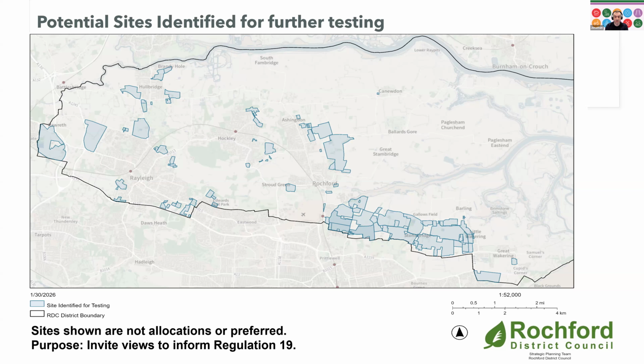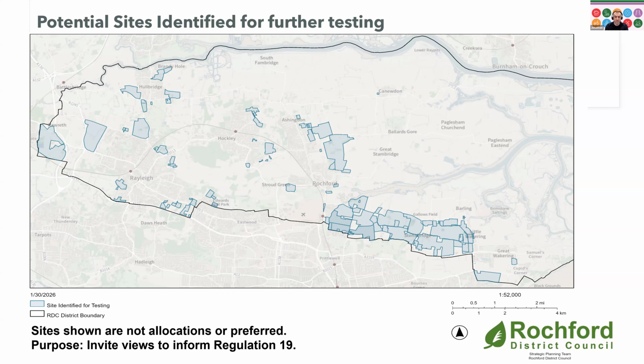So we have prepared, and as again I'll outline, some of the evidence that sits behind a local plan. As you can imagine, there's a number of documents that it comprises. One of the key ones is what's called the site assessment methodology paper. What that sets out is the approach we've taken so far in assessing sites that have been submitted.